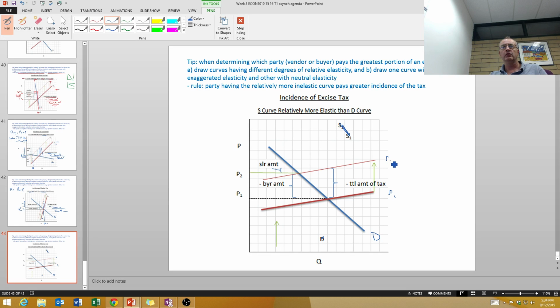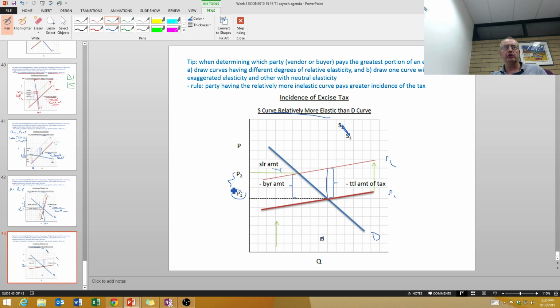S1, S2. So we have a relatively elastic supply curve. So here's our original equilibrium price here. Supply curve is relatively elastic. Here's our total amount of tax right here.